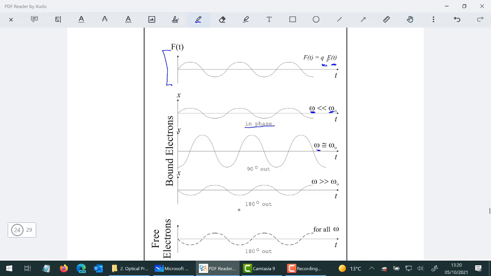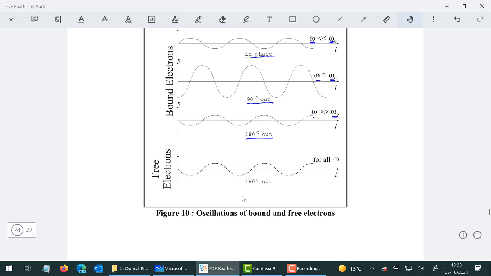If the driving frequency is about the same as the natural frequency, then they oscillate 90 degrees out of phase. And when the driving frequency is much bigger than the natural frequency, then they're 180 degrees out of phase. So you start getting that cancellation effect. For free electrons, for all frequencies, they're always 180 degrees out of phase.